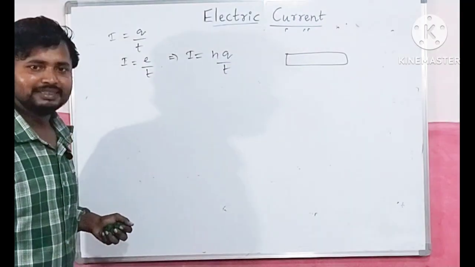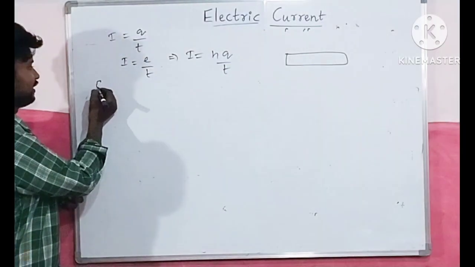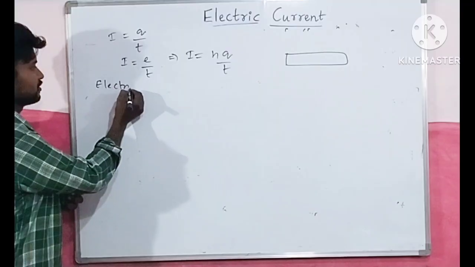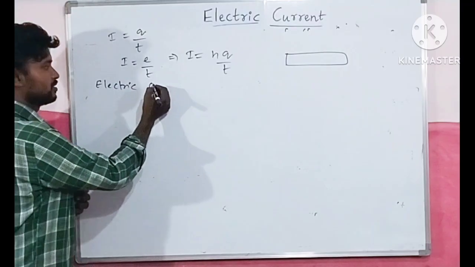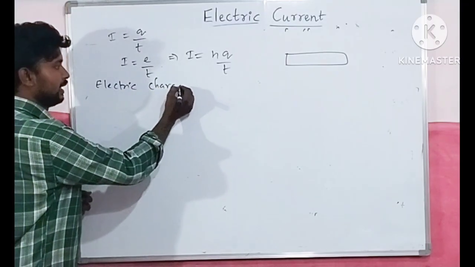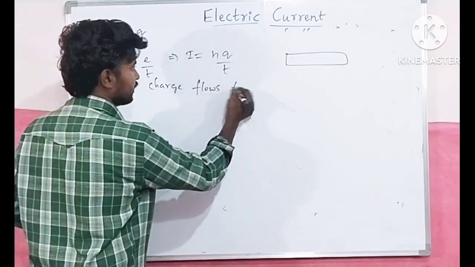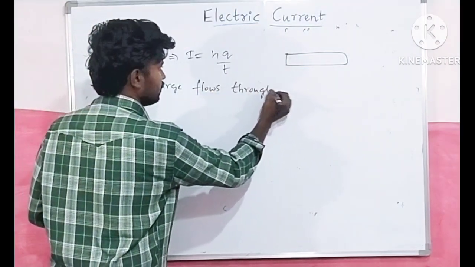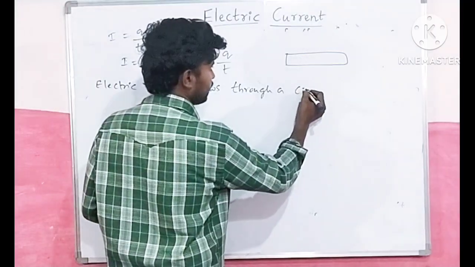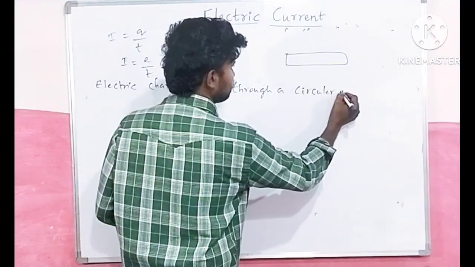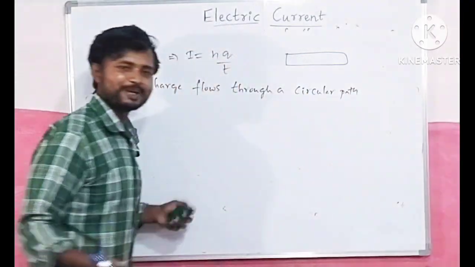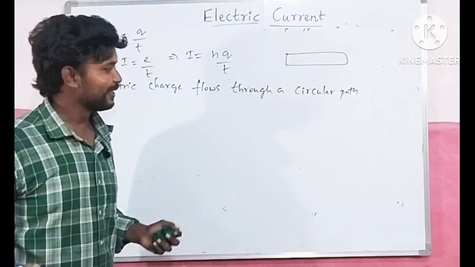But what will happen if the electric charge flows through a circular path?